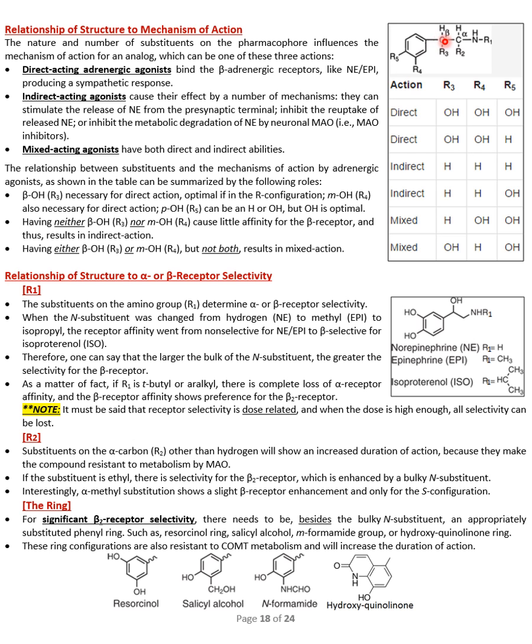So the affinity would be the best. Okay, so R3 is necessary, R4 is necessary. If we have these two, then we'll have a direct agonist. Now, if on top of these we have an OH group on the R5, then that would be optimal. Okay, so these two are direct, but this one is optimal. We'll have the optimal activity, and of course, if the R3 is also in the R isomer, then that would have the optimal activity.